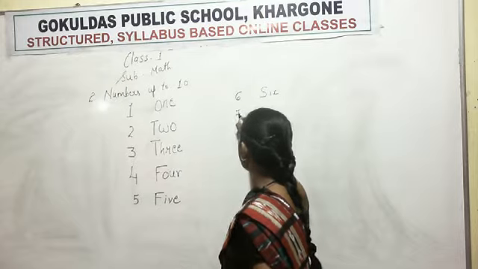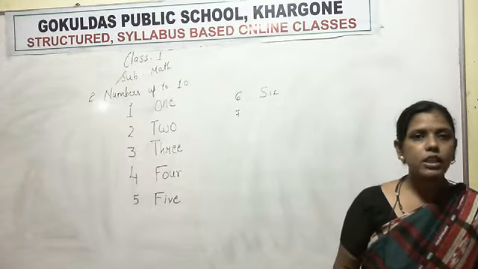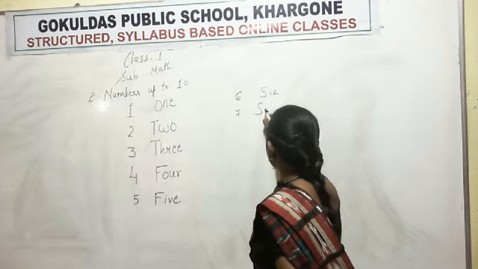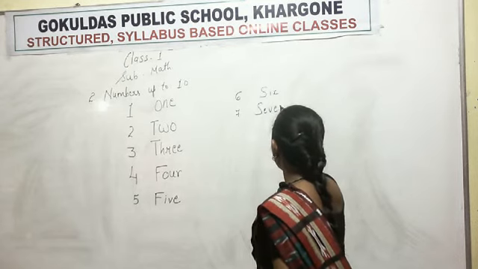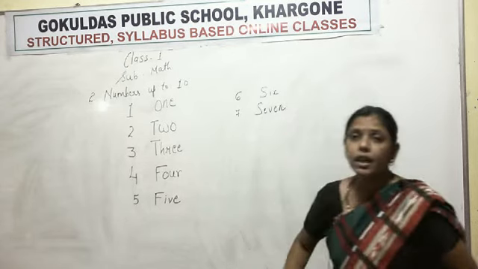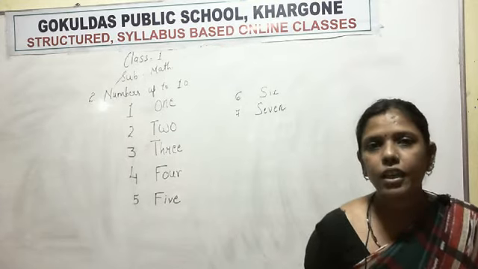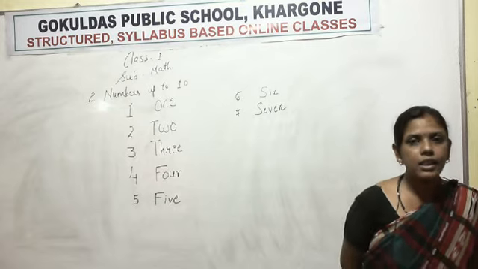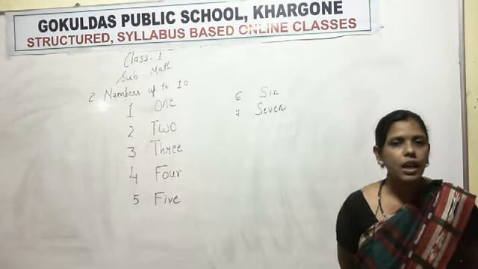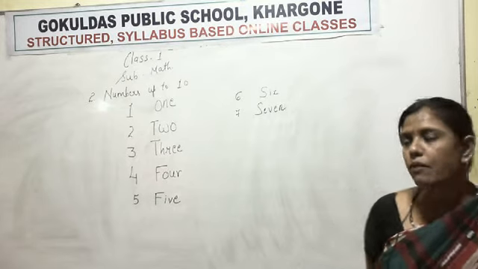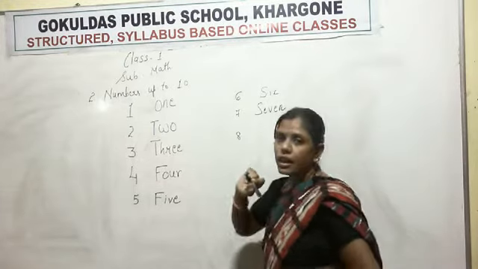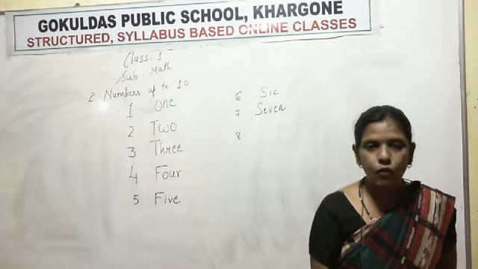What is the spelling of 7? S-E-V-E-N, 7. Repeat. S-E-V-E-N, 7. The number after 7 is 8.